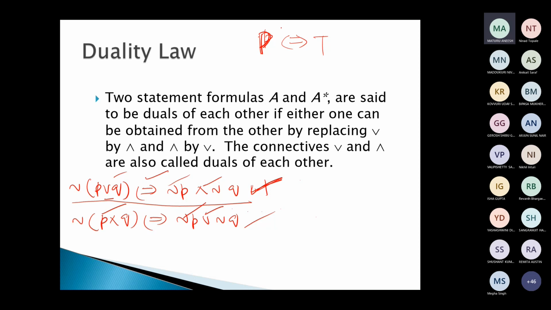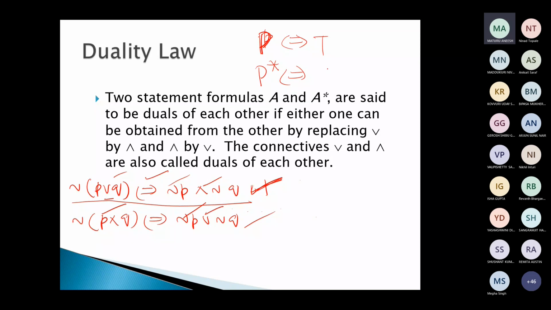What I'm doing is, I'm finding the dual of this, calling that P star. So the dual of that will be equivalent to what? If some formula is equivalent to true, the dual of that formula should be equivalent to false.